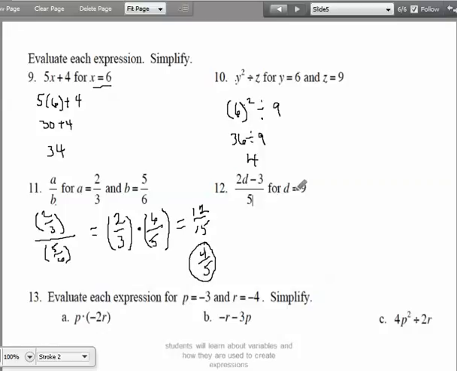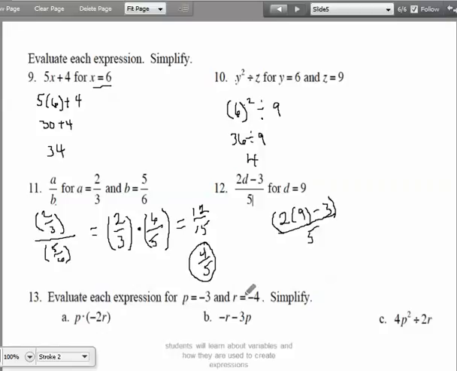Okay, so let's try number 12 over here. So 2d minus 3 divided by 5 for d is equal to 9. So I'm going to say 2 times 9 minus 3 divided by 5. Well, implied in fractions like this is that the whole top would be in parentheses, because you do the numerator first, then the denominator.